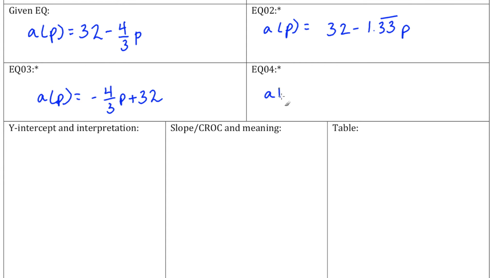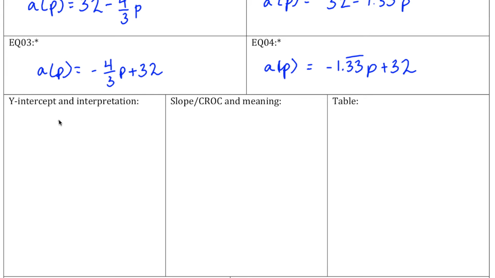And we have A of p equals negative 1.33 repeating p plus 32. So the y-intercept. We know that the y-intercept is this 32 right here, this constant. So more specifically, it's 0, 32.